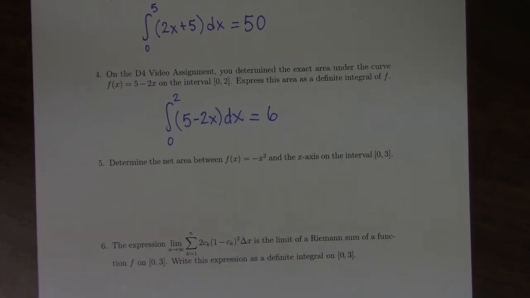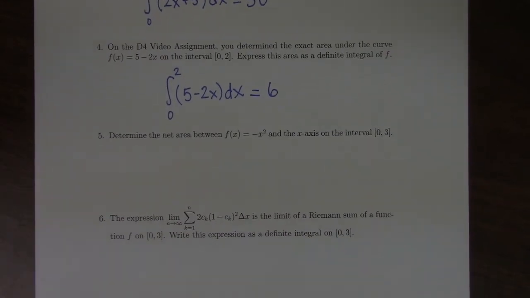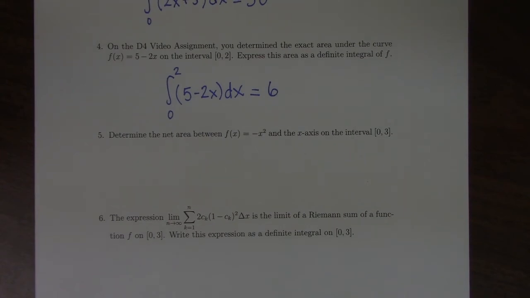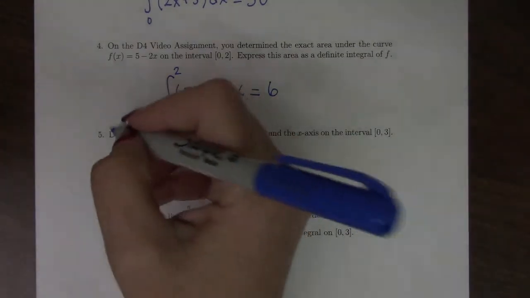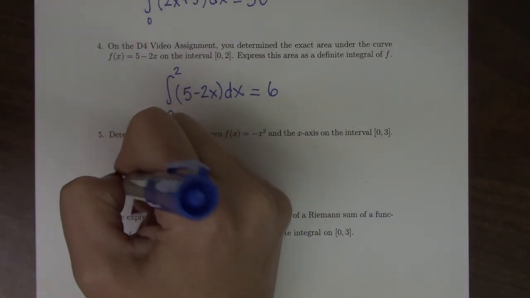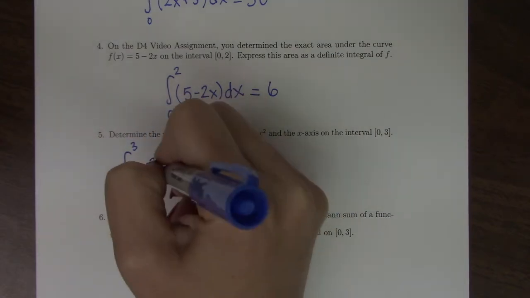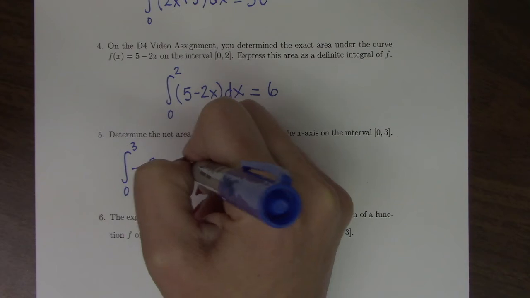Now it says determine the net area between f of x equals negative x squared and the x-axis on the interval 0 to 3. So I'm going to first set up the integral, from 0 to 3 of negative x squared dx.